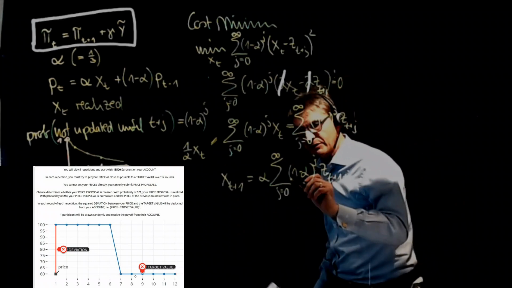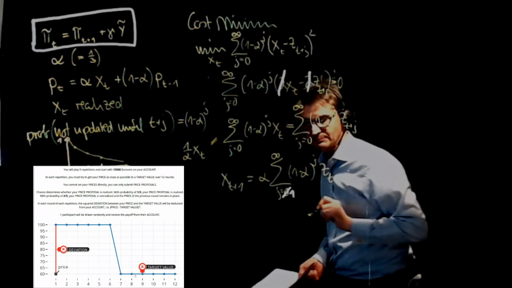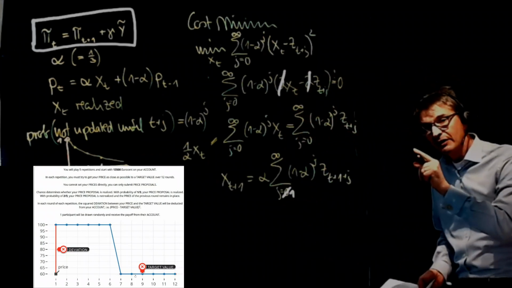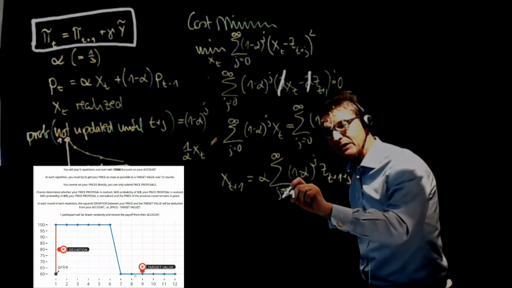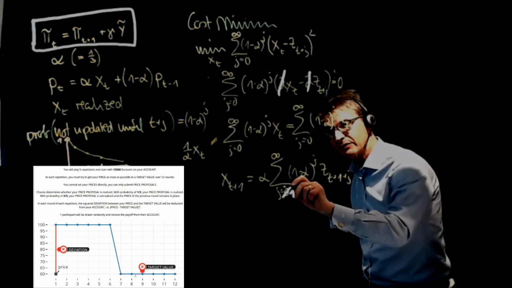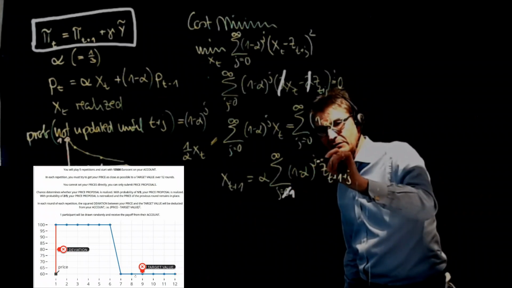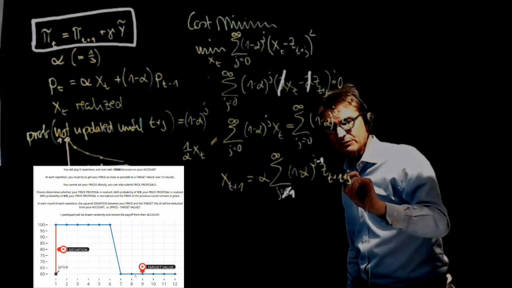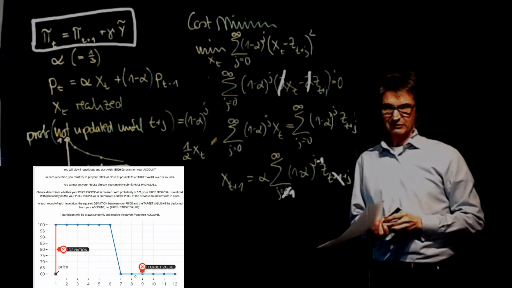So I don't start with a 0, I start with a 1. But when I do this, I must subtract. Each time that I refer to the running index, I must subtract the 1 again. So I subtract the 1 here, and I subtract the 1 here. Okay?